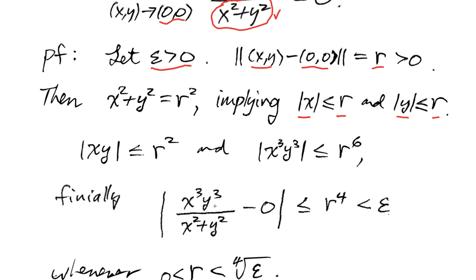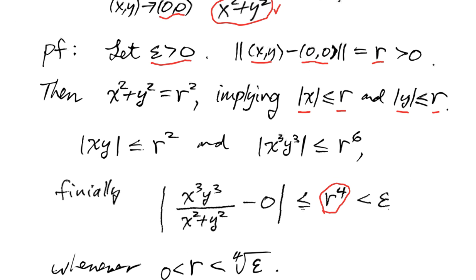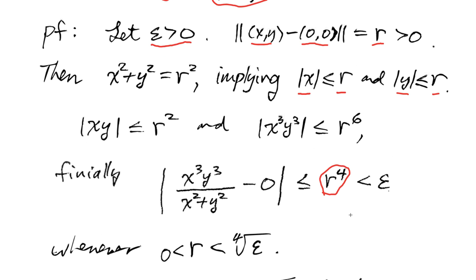The absolute value of x cubed y cubed we said was bounded above by r to the 6th. So this is bounded above by r to the 6th divided by r squared, that's r to the 4th. Now remember that I want this to be less than epsilon. So if I take 4th roots of both sides of this, making sure I'm thinking of these as positive numbers, right?